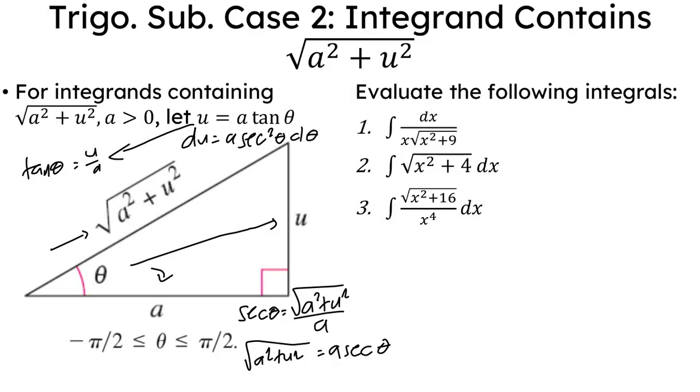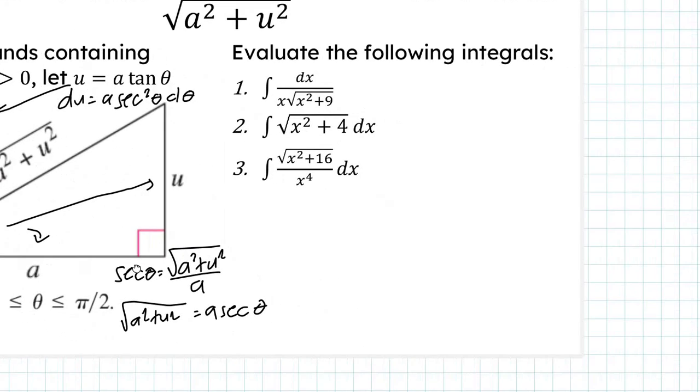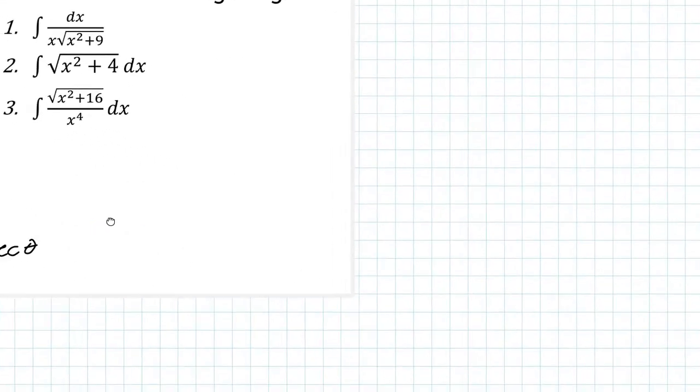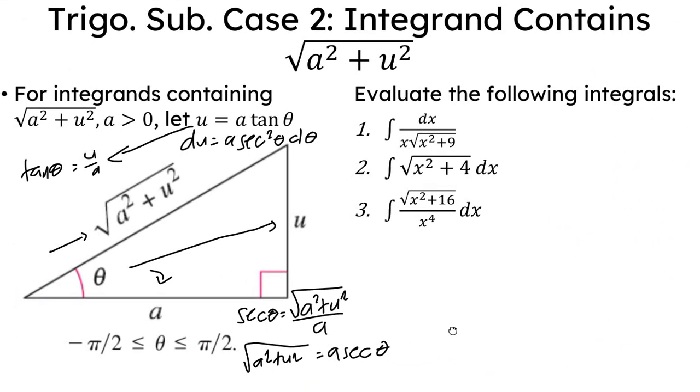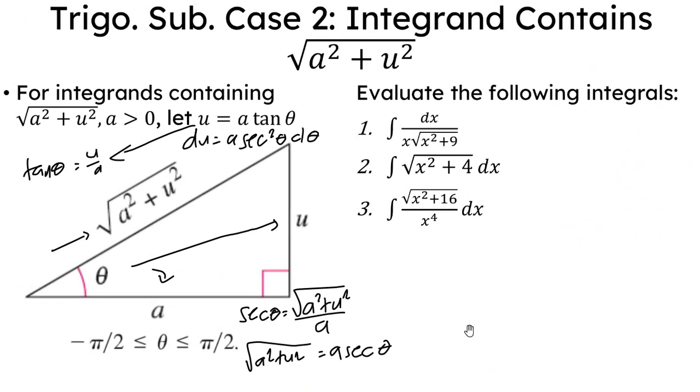So let's try that in number 1. So in number 1, we have this. Let's drag it back because we need the guide. There you go. From here, we have the integral of dx over x square root of x squared plus 9.